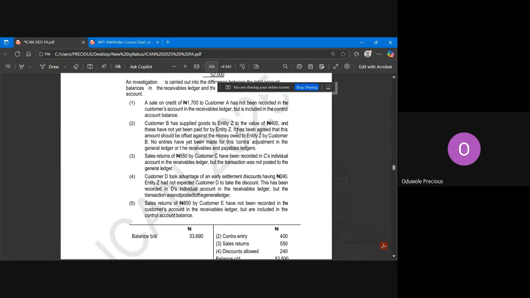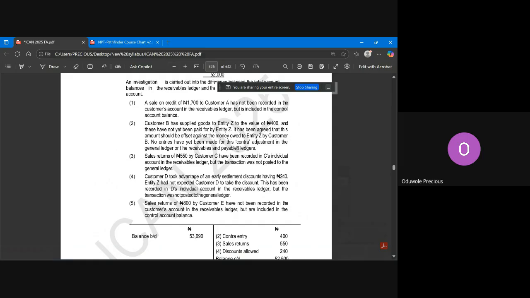Then it says it has been agreed that this amount should be offset against the money owed to entity Z by customer B. No entry has yet been made for this contra adjustment in the general ledger or the receivable and the payable ledger. So what does it mean?